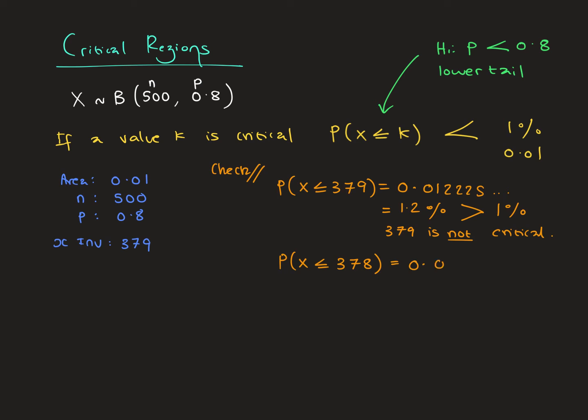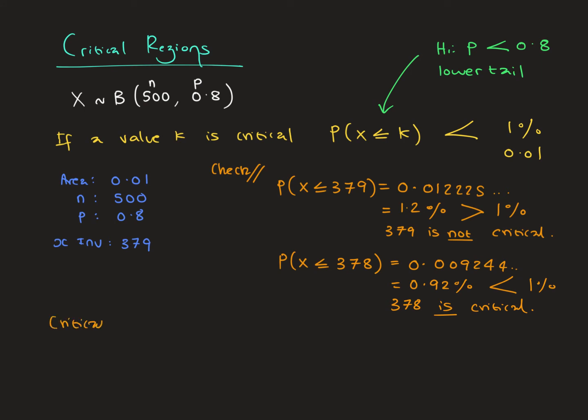It's 0.009244. If I convert this to a percentage and round to two significant figures, that's 0.92%, which is smaller than 1%. So 378 is critical, and anything lower than 378 will also be a critical value as well.